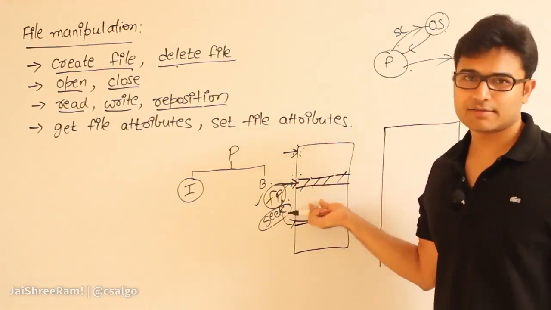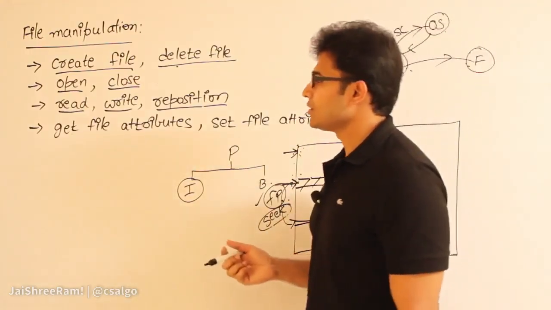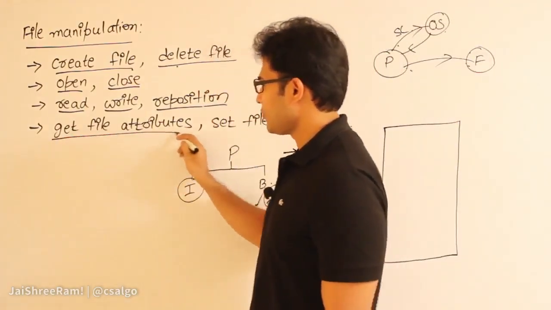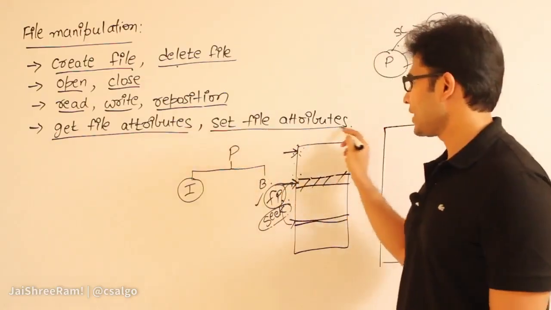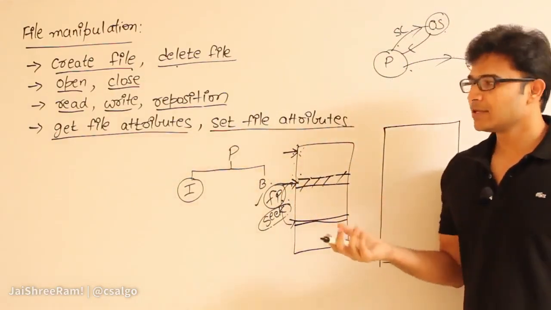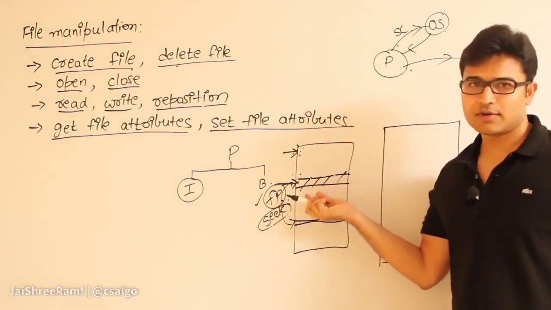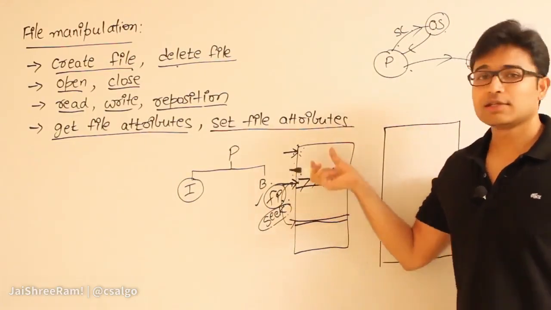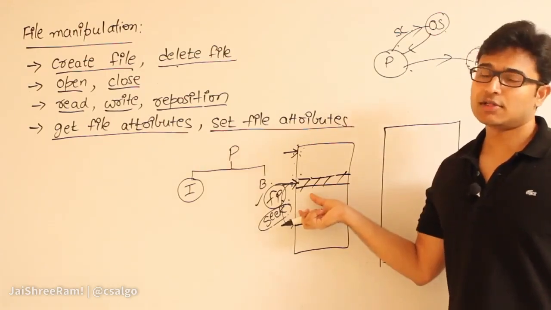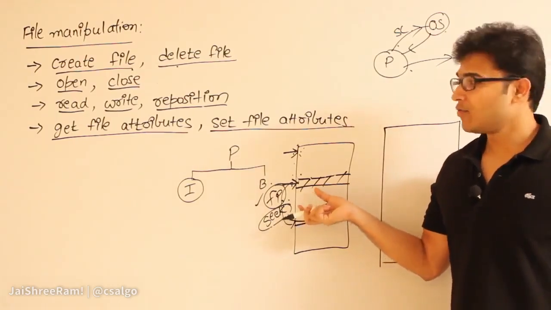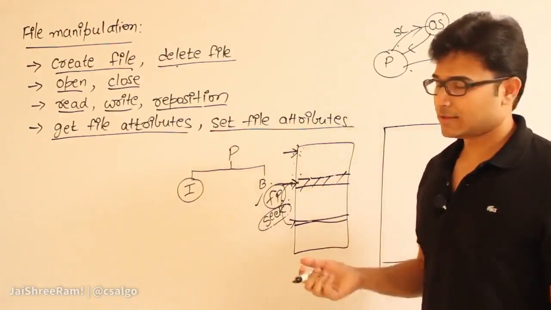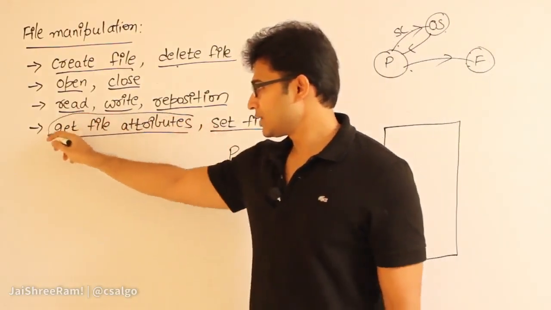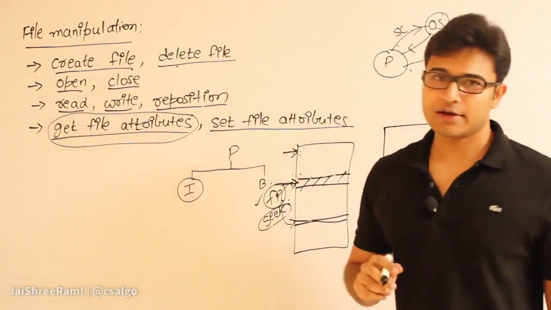And the next function calls are get file attributes and set file attributes. There are various things like who is the owner of the file, that is an attribute, or what is the size of the file, when it was created, the date of creation, the date of modification, what the permissions are, all those things. Sometimes you want to know such things, then you can use get file attributes.